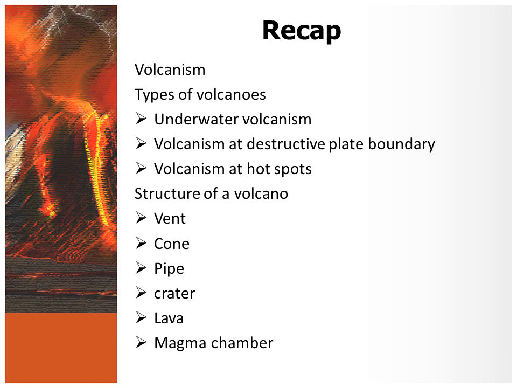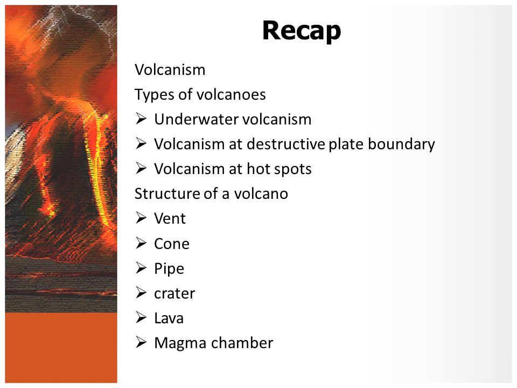Now we have reached the end of our lesson and it's time for a brief recap. Today we have studied that volcanism is a process through which magma, ash and gases are released onto the earth's surface. Based on where a volcano is formed, we can categorize volcanoes into three types, that is underwater volcanism, volcanism at destructive plate boundaries, and volcanism at hotspots.